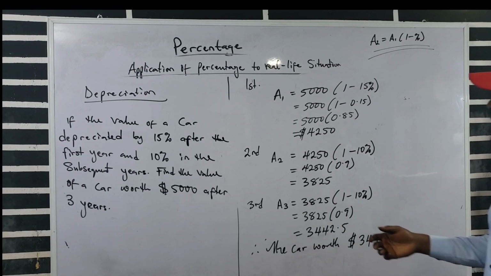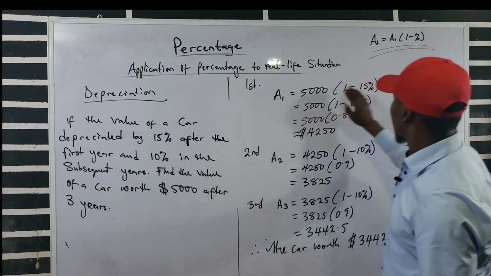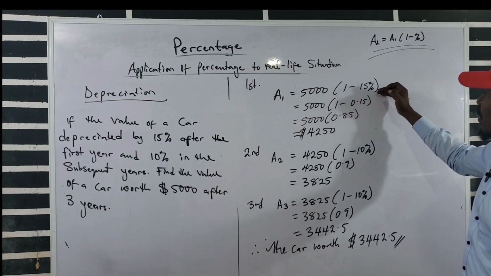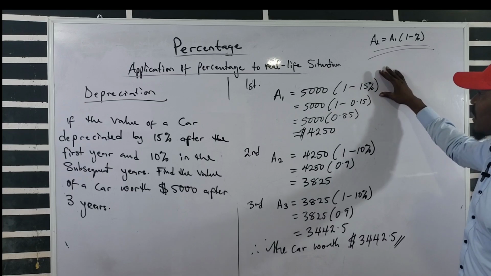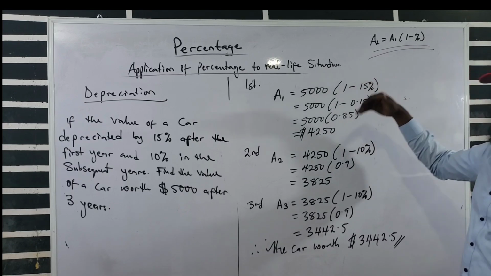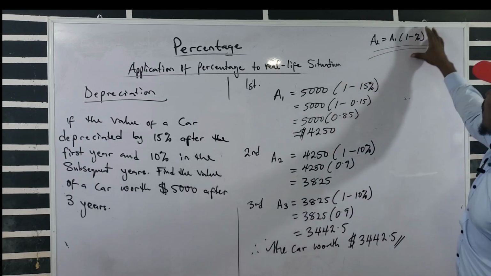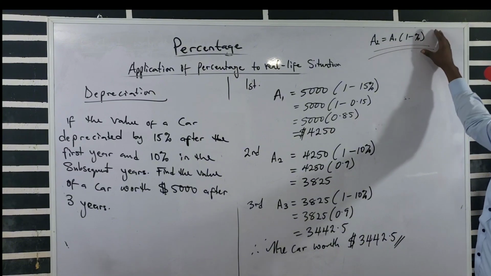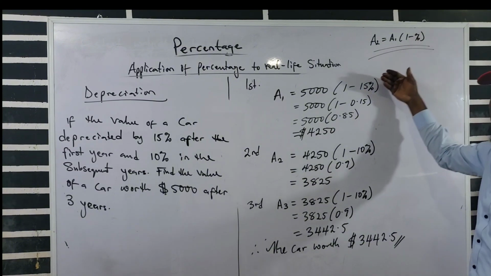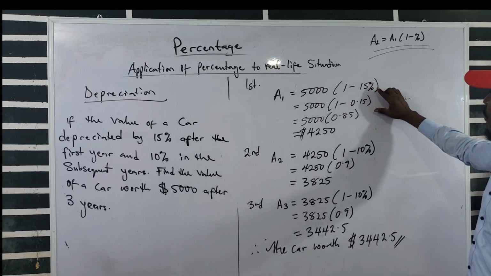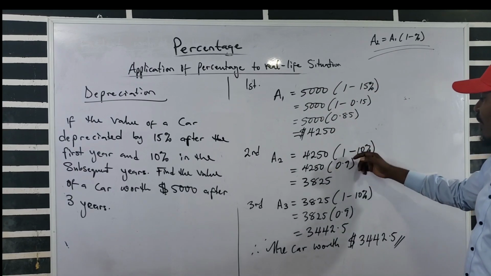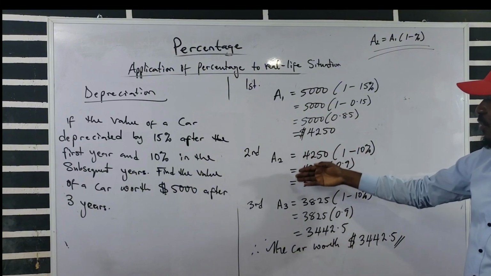So let's go over it again. The first year is 15%, and we have 1 minus 15%, because this is a percentage decrease. If you have been following us on this topic, we established this thing together. You remember where we used this for the first time, so we have been using it since that time. If you solve that, you will get this value. Then you also have to solve for the second year.